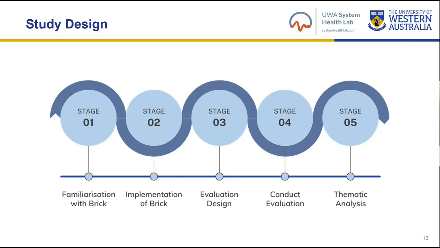Data was provided through collaboration with an international pump manufacturer, and the output was a Brick model. In the third and the fourth stage, the evaluation design was conceptualized and then implemented. Finally, the collected data was analysed using thematic coding techniques.